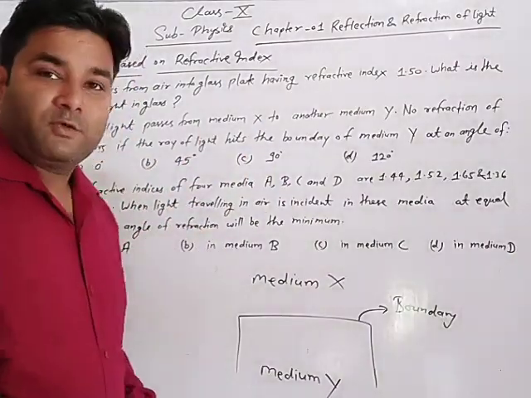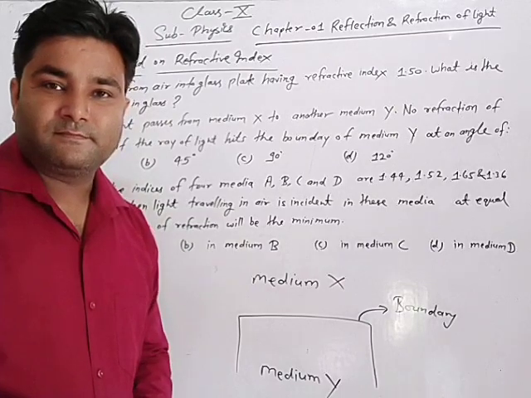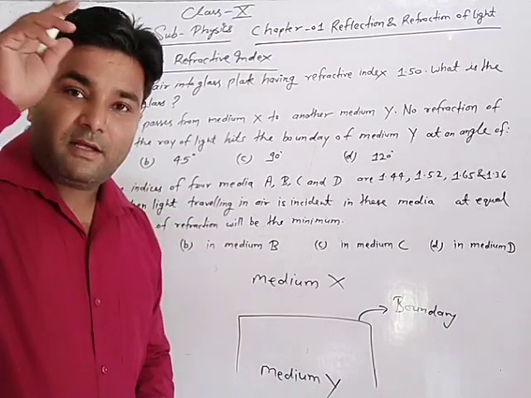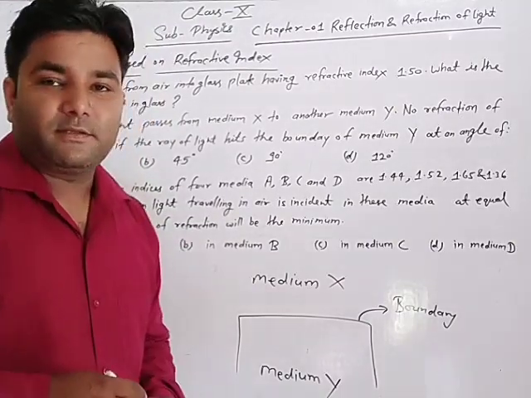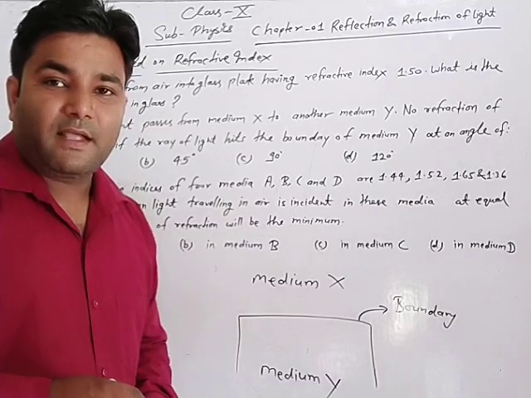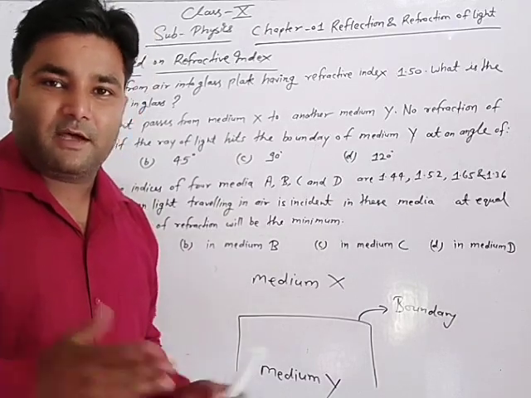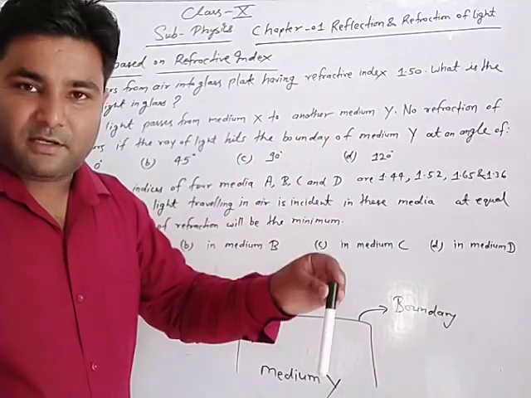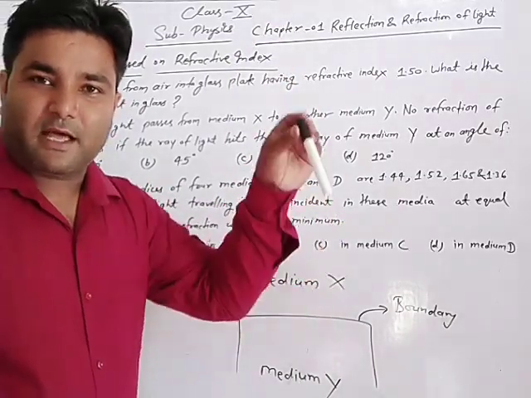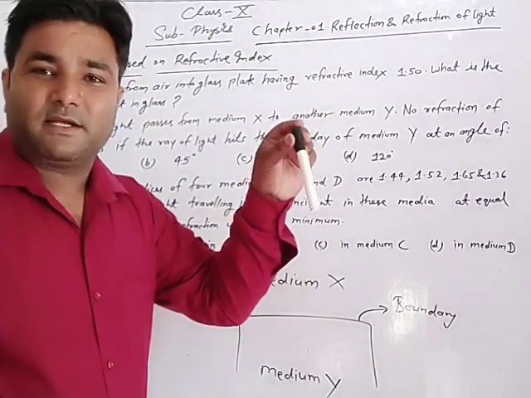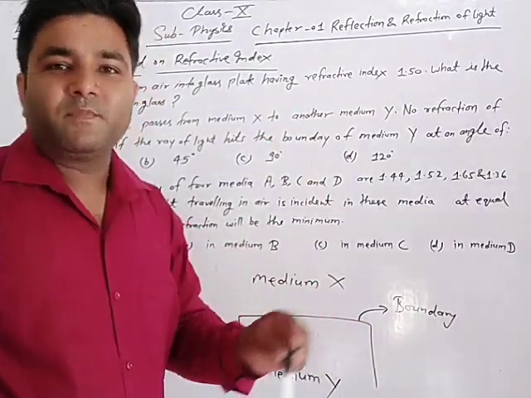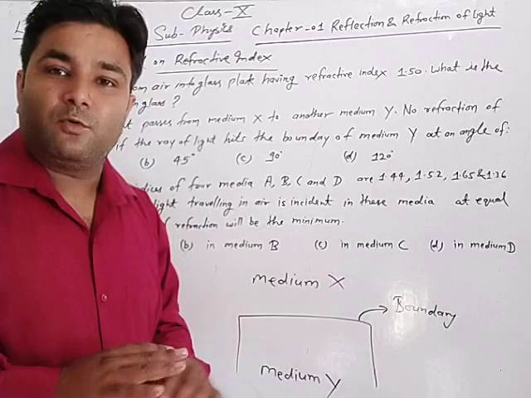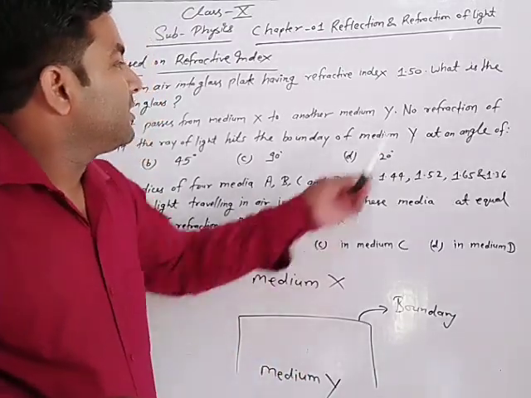We all know that when a light ray falls obliquely, it either bends towards the normal or away from the normal, but when the light ray comes perpendicularly or normally, or we say at angle 90 degree, then there will be no refraction.